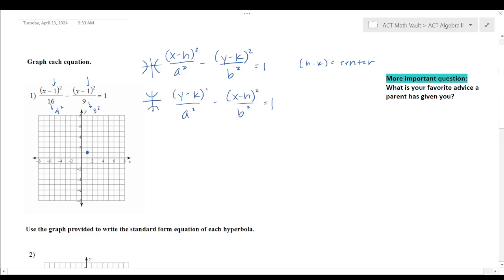So from the center, I'm going to go 4 units side to side. Okay, so then I'm going to give myself a little dot right there. Then it is going 3 units in the y direction from the center, because of the 3. So I'm going to go up 1, 2, 3, 1, 2, 3.